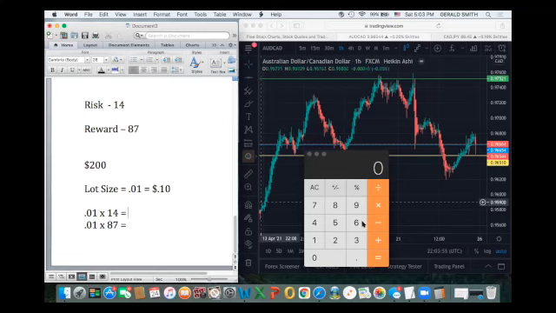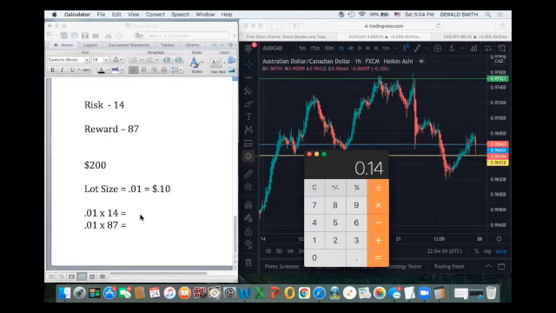So let's do the calculator again. 0.01 times 14 pips, you stand to lose. Now, what would that be in money? We told you before, move the decimal point one to the right. So now you stand to lose $1.40.